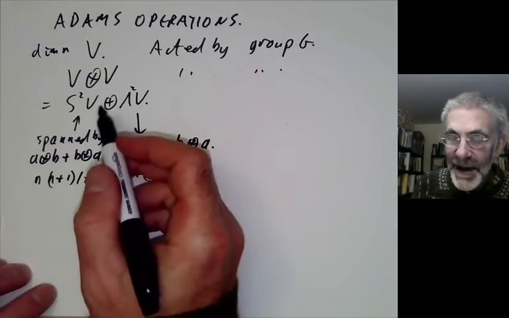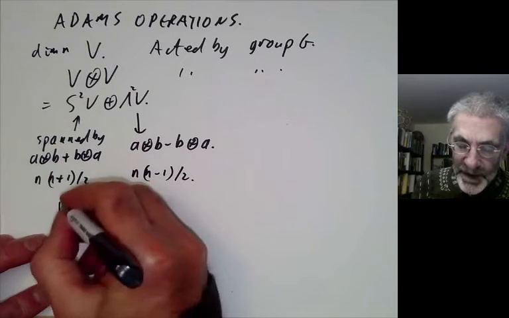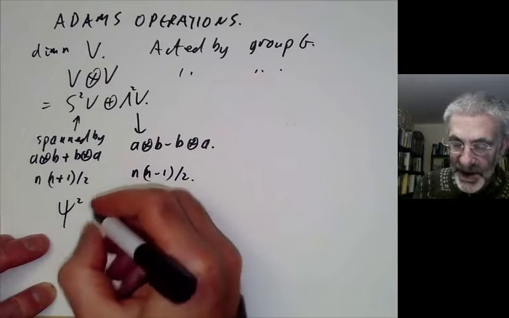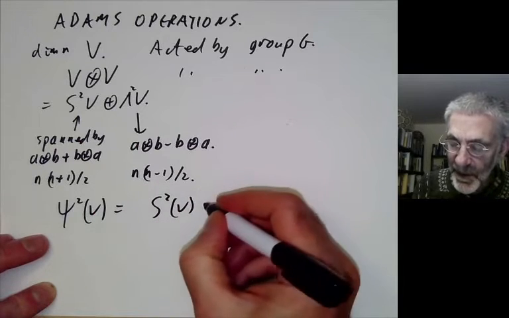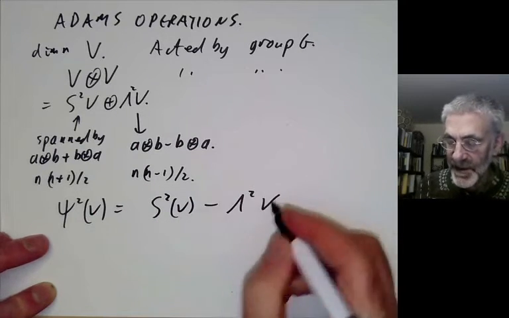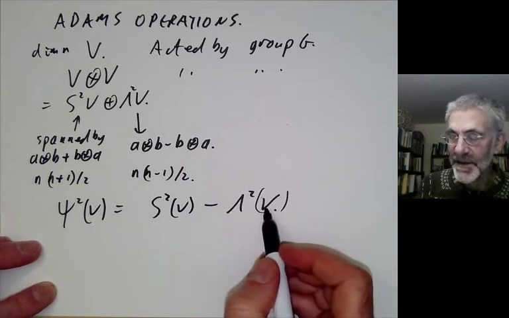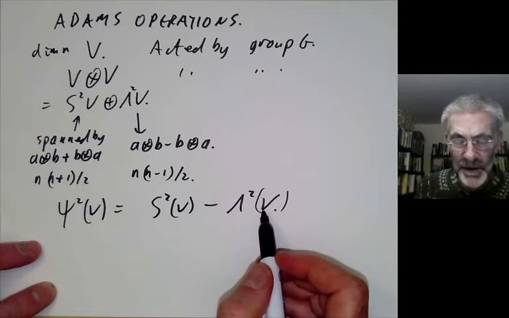And the Adams operation on V, denoted by psi squared of V, is equal to s squared of V minus lambda squared of V. So we're taking two vector spaces and subtracting one from the other.